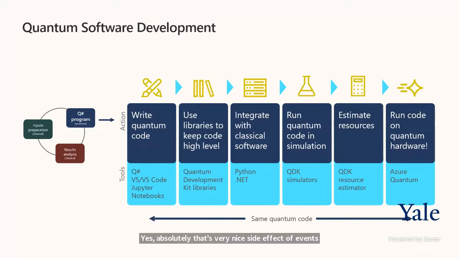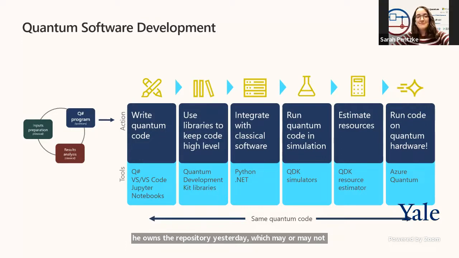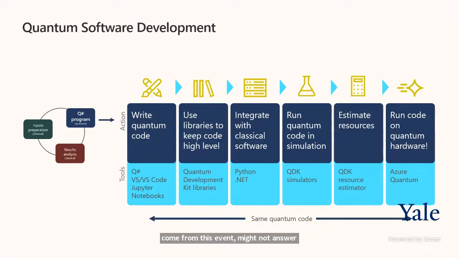In fact, after they were first released, I found a very obvious issue a year after they were released. So yes, absolutely. I actually already got one issue on the repository yesterday, which may or may not come from this event. I might not answer it immediately. I'm a little busy this week with the hackathon, but I will absolutely appreciate it and get to it eventually.